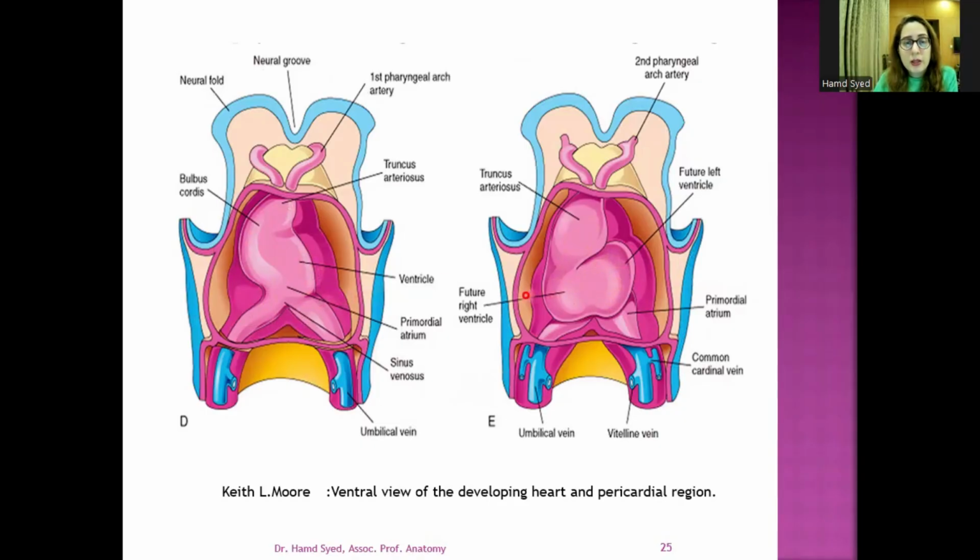It is going to bend in such a way that this lower or caudal part of the heart tube, which is known as the sinus venosus, and just above it the primordial atrium, is going to move upwards or cranially, while the original cranial part of the heart tube, the region known as the truncus arteriosus, is going to move downwards and caudally. So the heart tube is going to bend.